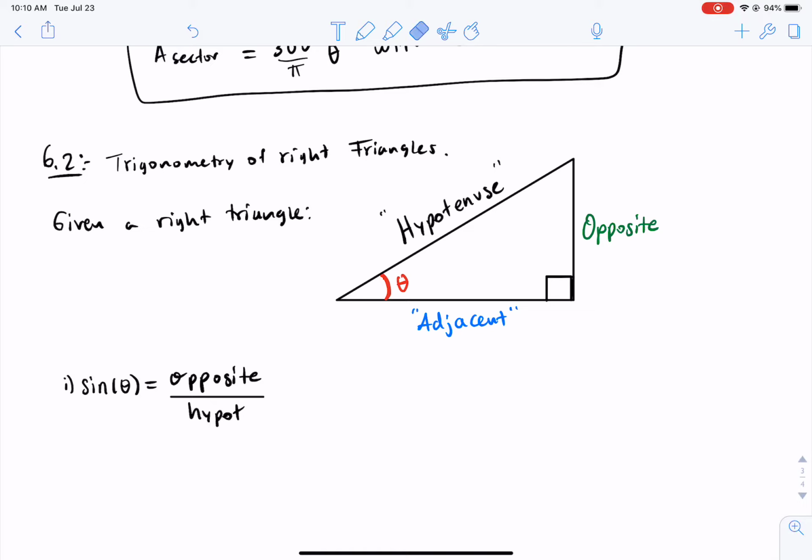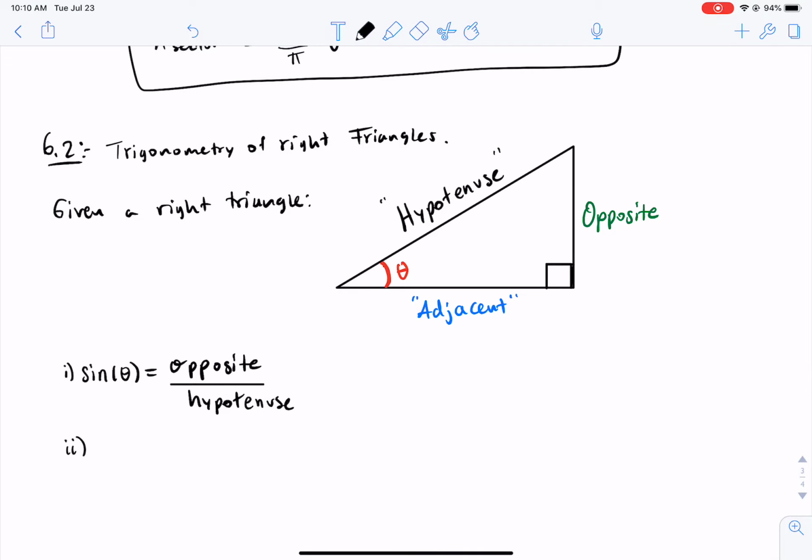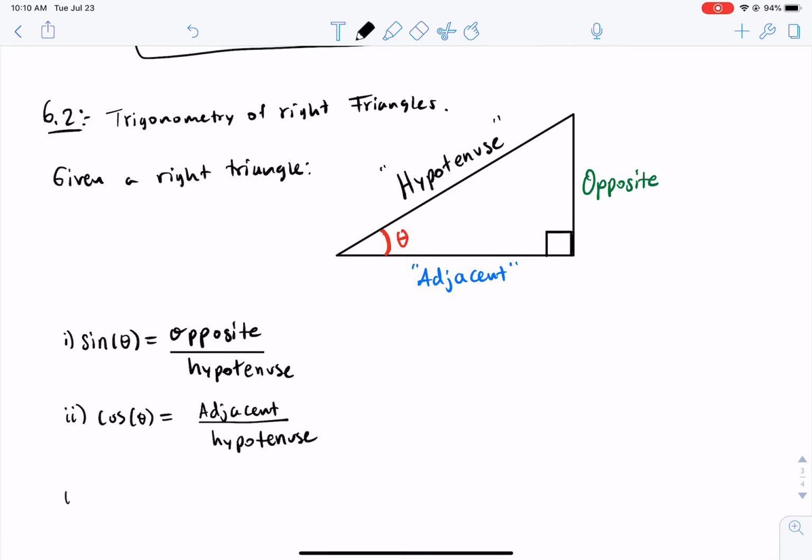Number 2, we're going to have cosine, and cosine will be defined as adjacent over hypotenuse. And number 3, tangent theta. Tangent will be opposite over adjacent. Or you can define this as sine over cosine.